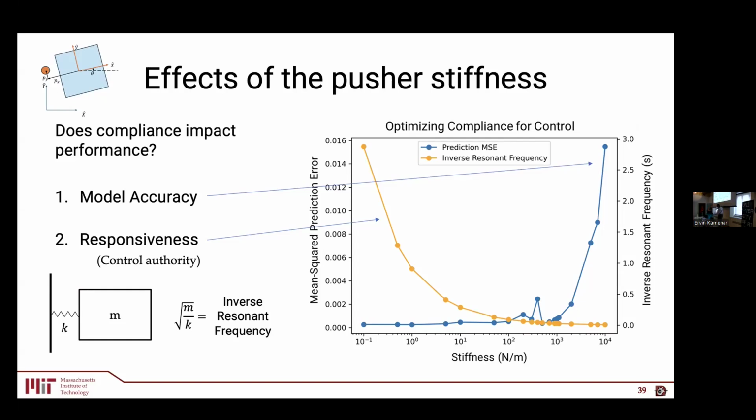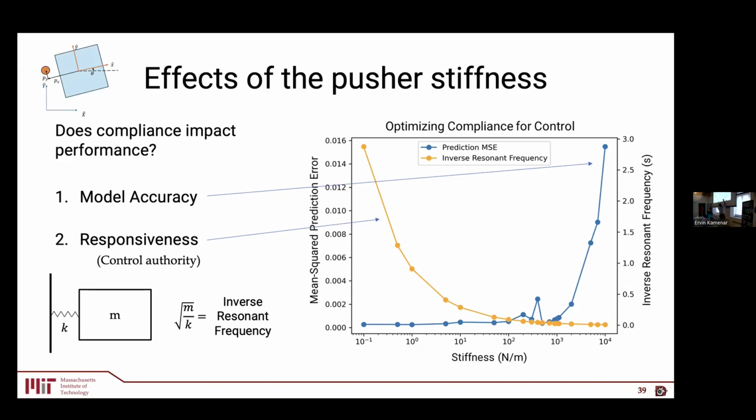But if it's too compliant, then control authority goes down because you push this guy by moving here. If the cage is too small, some bandwidth issues come in. We characterize this as the inverse response resonant frequency, which goes down along the orange line.